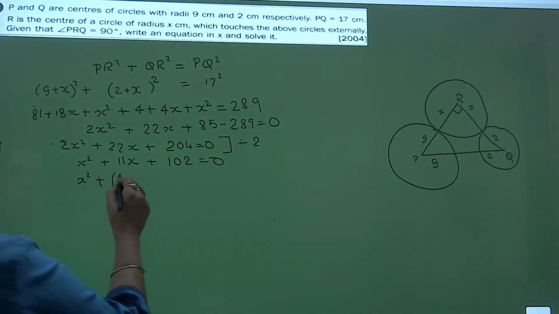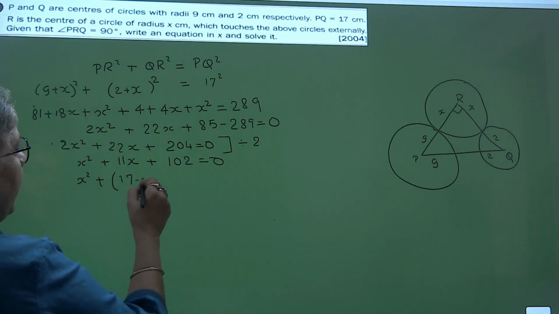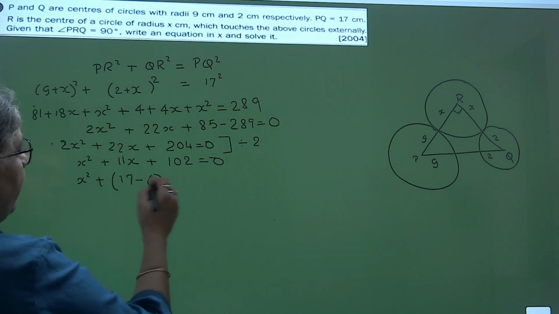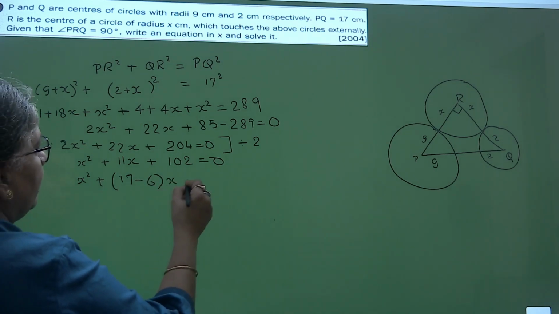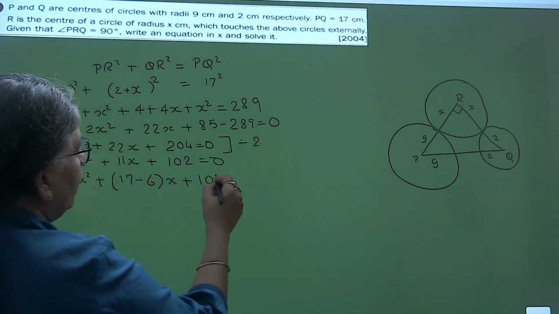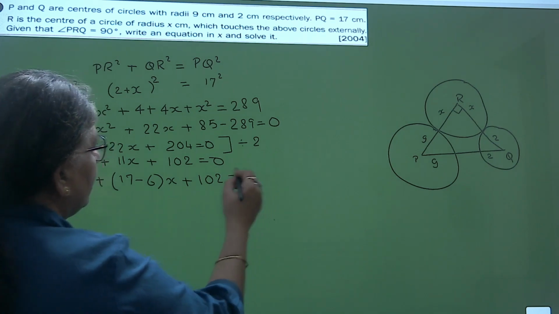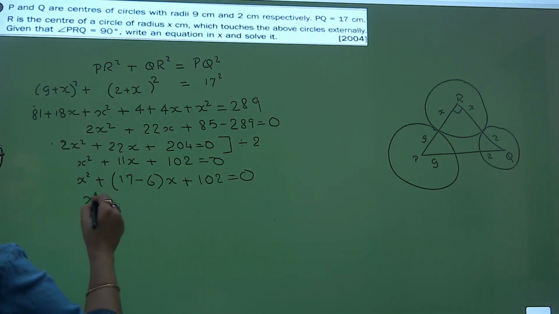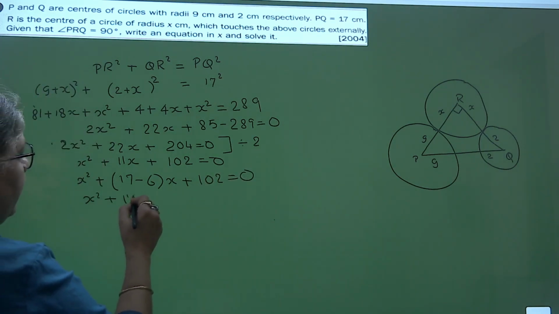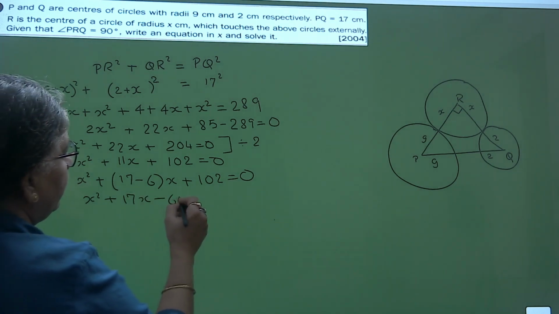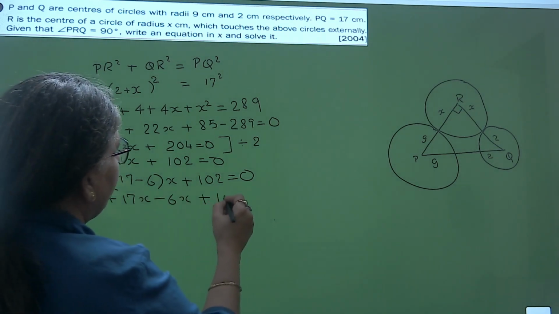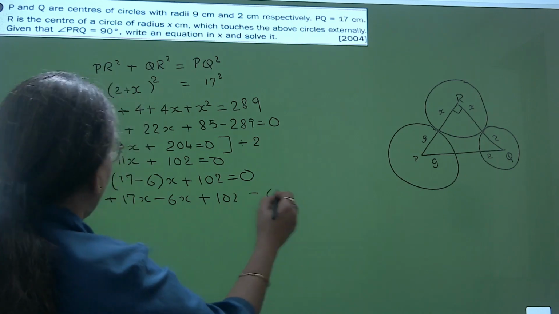So here we can write x square plus 17x minus 6x minus 102 is equal to 0.